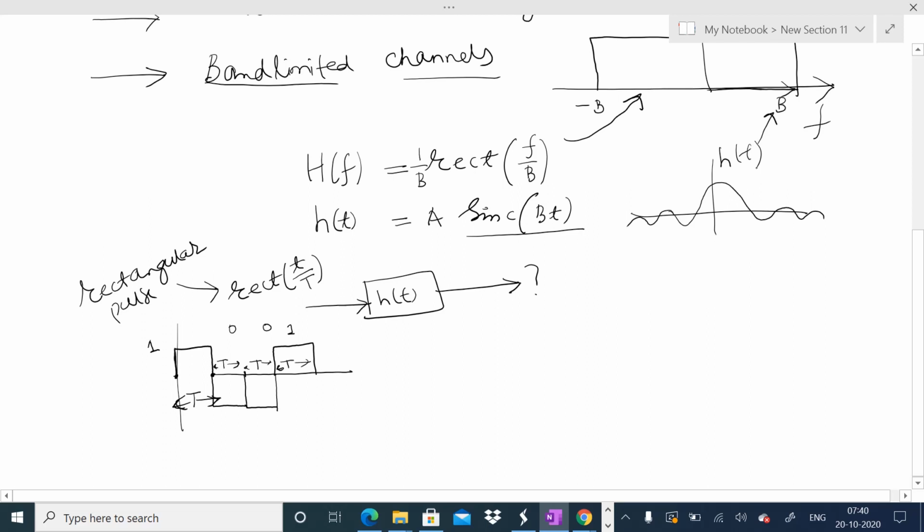What is the rectangle convolution? So the rectangle is applied to h of t. If I represent this pulse by p of t, the output will be h of t convolution with p of t. P of t is here rectangular. So if you see a rectangular convolution with a sinc pulse, it will have a sinc behavior again.